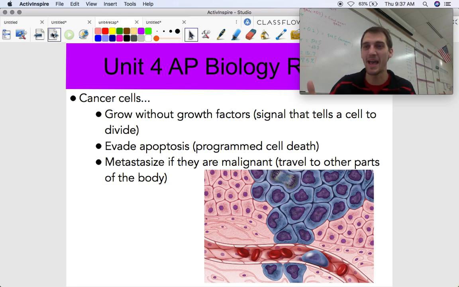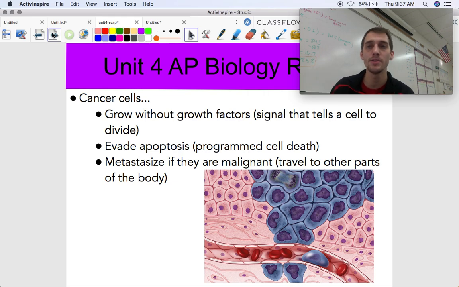It sounds really bad, but that's what it is, right? It'll tell a cancer cell, hey, your contract is terminated, and usually that works. So you might have heard an interesting fact before that you have cancer cells in your body that your body kills every day. Yeah, that's true, because apoptosis usually works. But once cancer cells are bunked up enough, they can evade apoptosis.